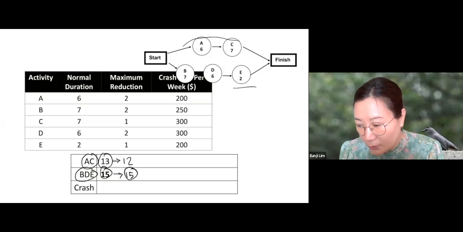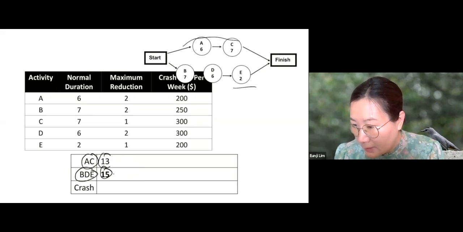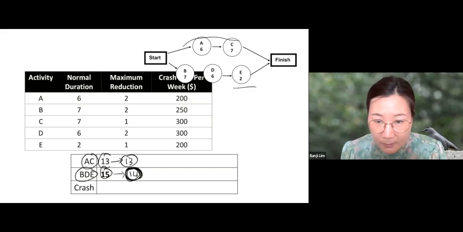So we don't need to crash the upper path. Right? Now what happens if we crash the lower path. If you make the lower path 14 and the upper path remains the same, the duration of the whole project is the duration of the longest path, which is now 14.